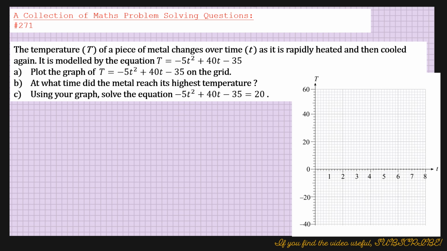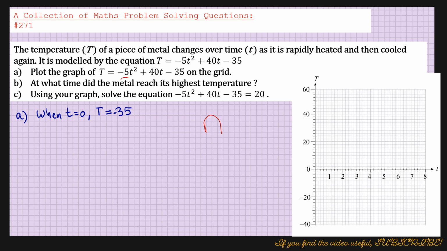For this question, the starting point is to draw the graph. This is the equation of a curve, and it is going to be an inverted curve, something like an n-shape, because the coefficient of t squared is negative.